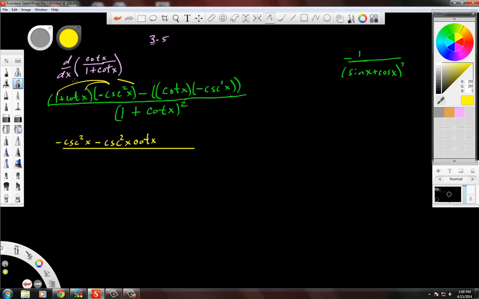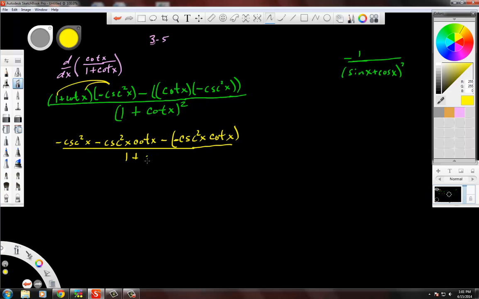That's just this part here. And then minus parenthesis cosecant squared x cotangent x. And that would be negative right there, right? And then we're going to change that into a positive on the next line.